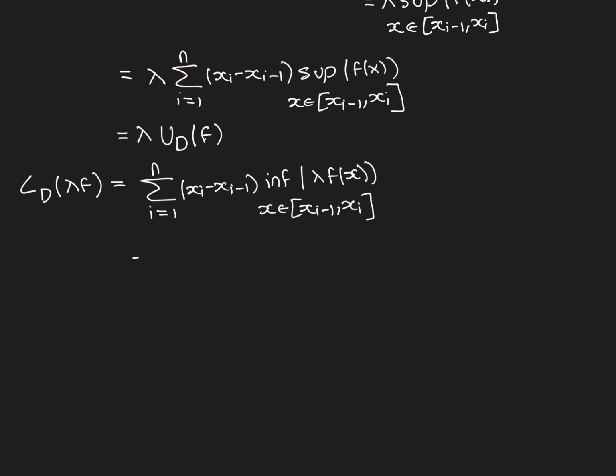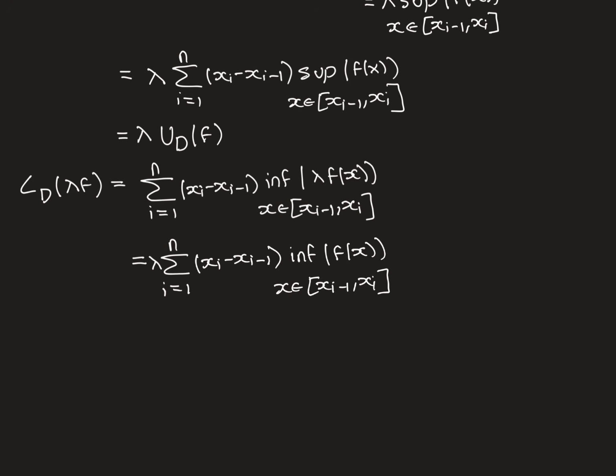So now we can apply that rule that this is lambda times the infimum of that set. So this is the sum from i equals 1 to n, and then we're pulling the lambda out, and we can pull it out to the front again, because it's going to be the case for every single one of these intervals that lambda is going to come out. So we'll have (x_i minus x_{i-1}) times the infimum of just the value of f(x) now, for x allowed to vary over the interval x_{i-1} to x_i.